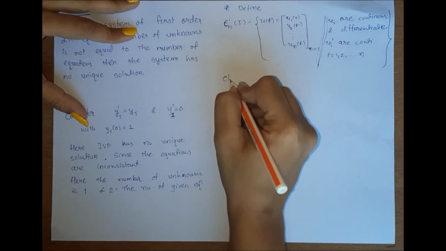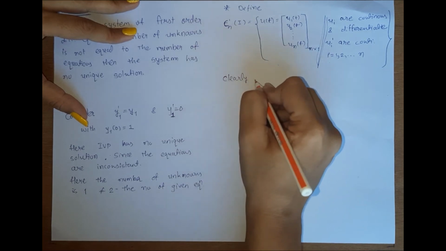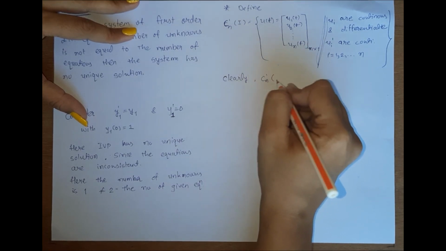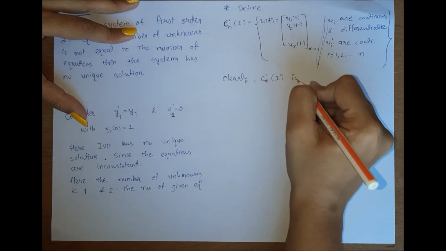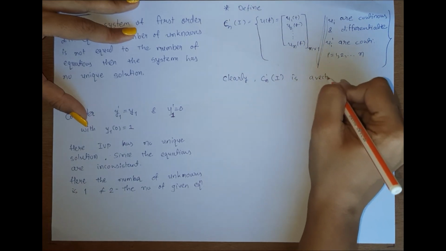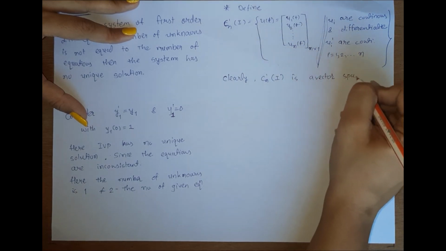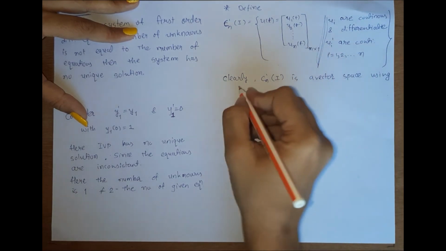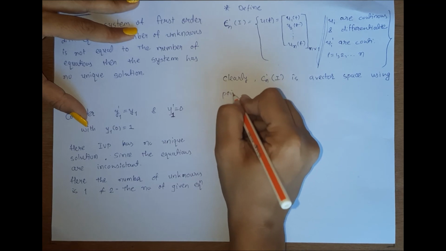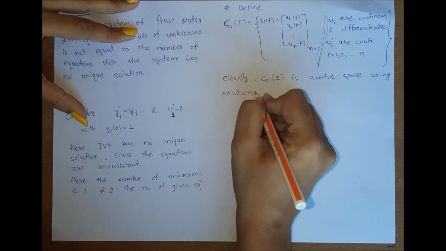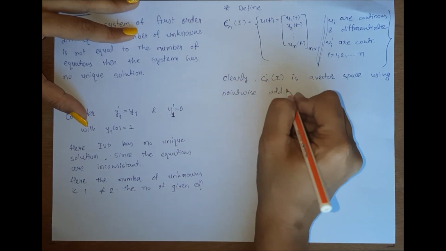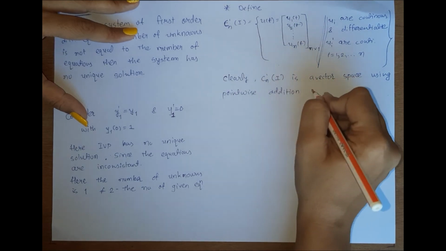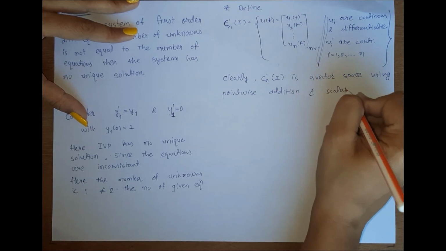So clearly the set Cn dash over I is a vector space using pointwise addition and scalar multiplication.